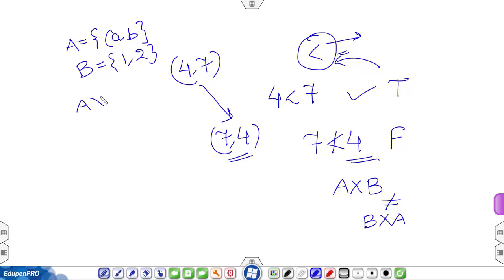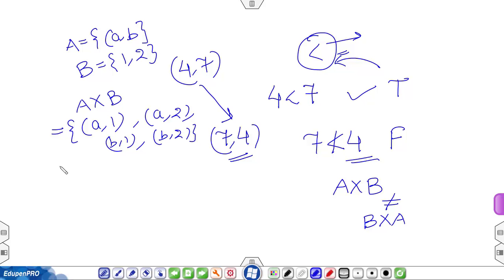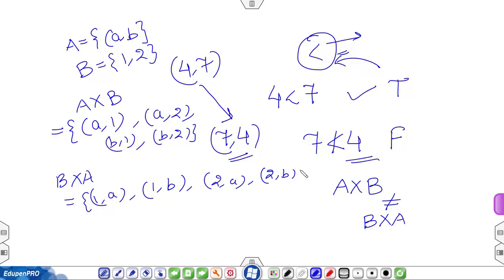If we define the Cartesian product A cross B here, it will be (a, 1), (a, 2), (b, 1) and (b, 2). Similarly, when we write B cross A, we will get (1, a), (1, b), (2, a) and (2, b).